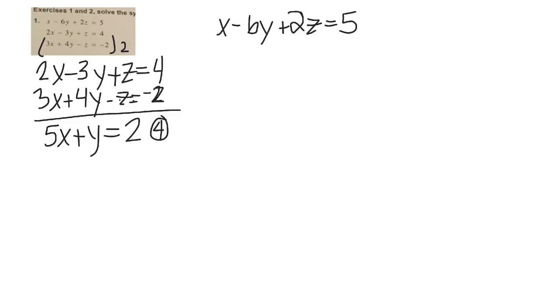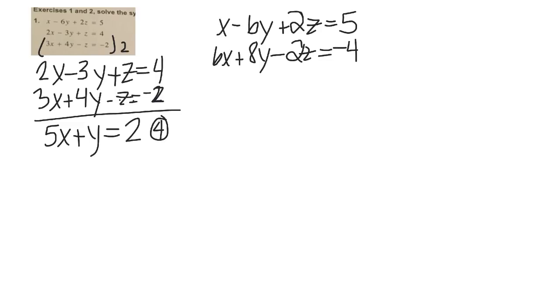So if I eliminated z in this equation, I need to eliminate z when I do my second step. So that's 6x plus 8y minus 2z equals negative 4.